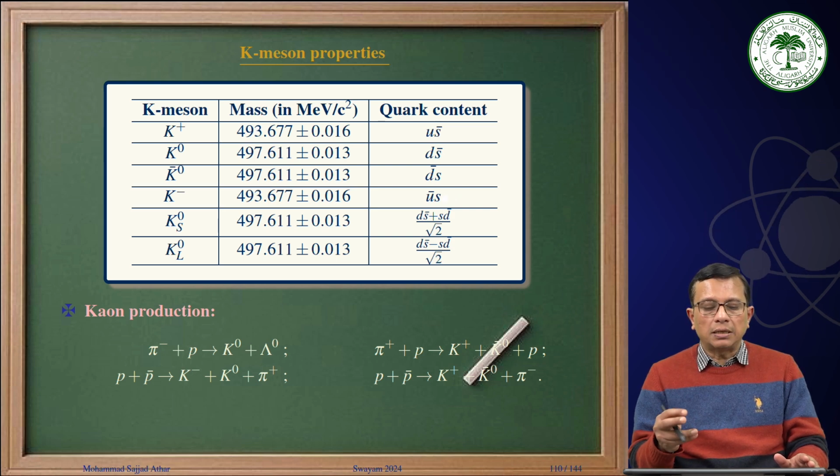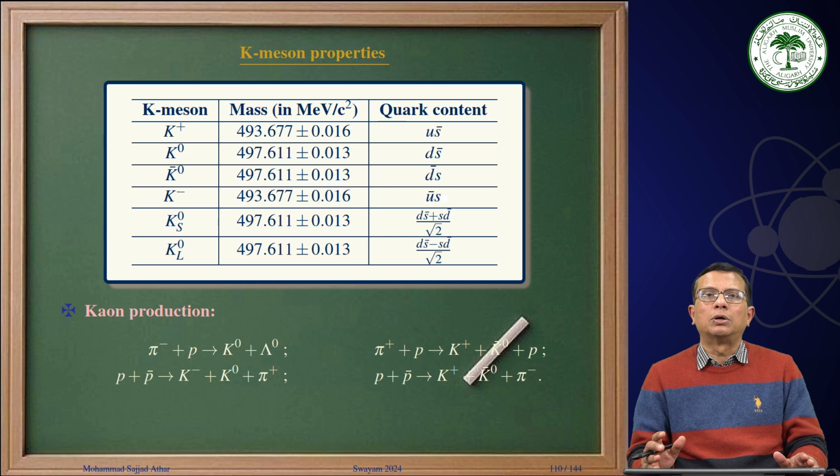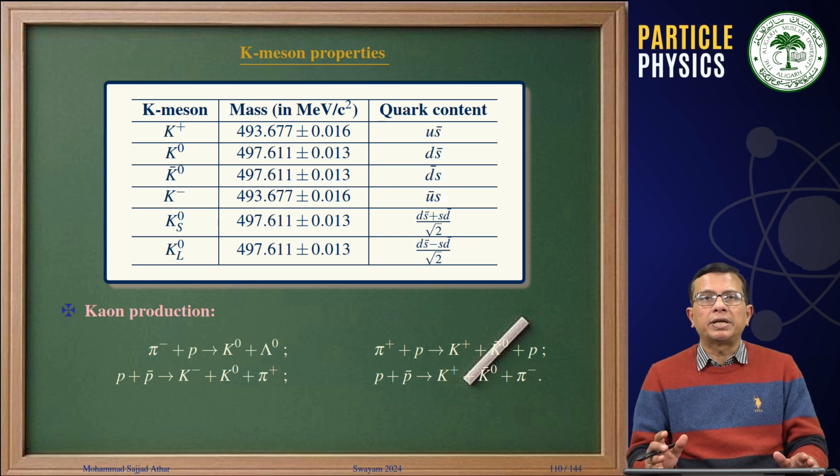But we will see that while propagating, K0 and K0 bar do not propagate as independent states. They propagate as an admixture of states that we will call K10 and K20. And these K10 and K20 we will rechristen with the names KS0 and KL0.